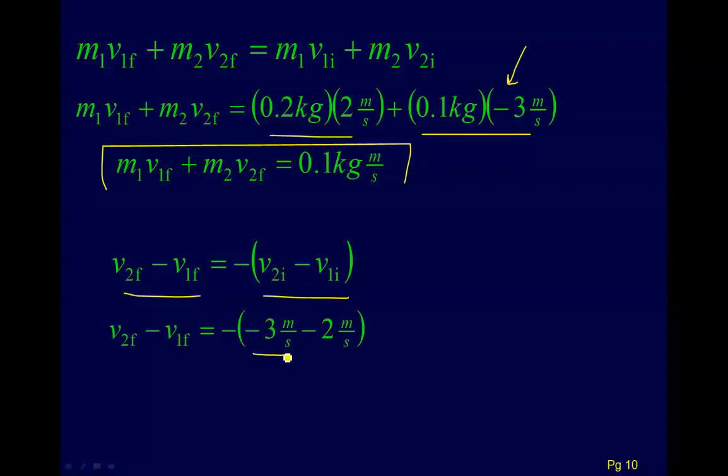So V2 initial is -3, V1 initial is 2. Remember, this negative sign is part of the equation, so be careful. It's really easy to flip one of these around and get an incorrect answer. So if I figure this out, -3 minus 2 is -5, times a negative, I get a +5.